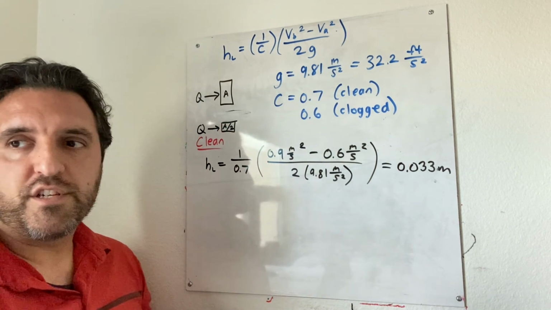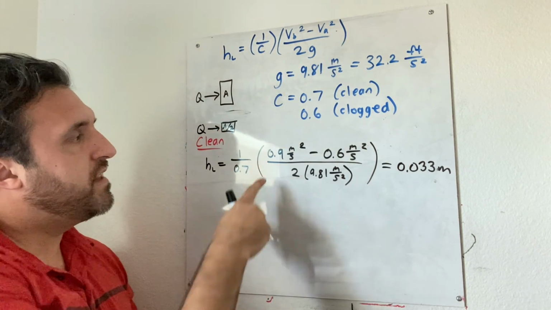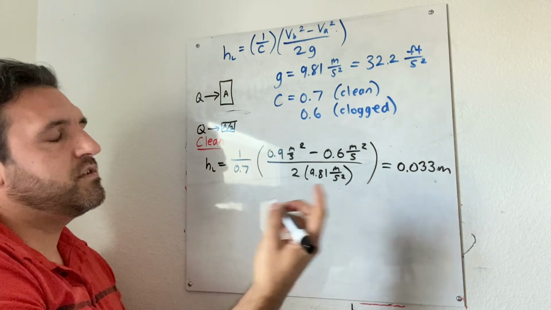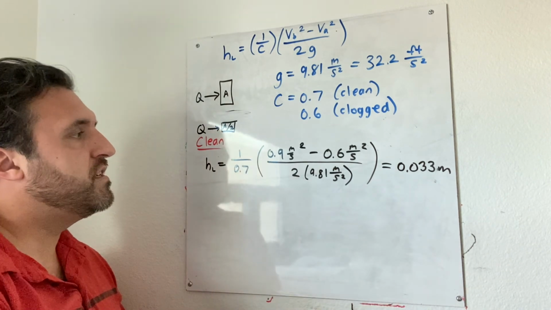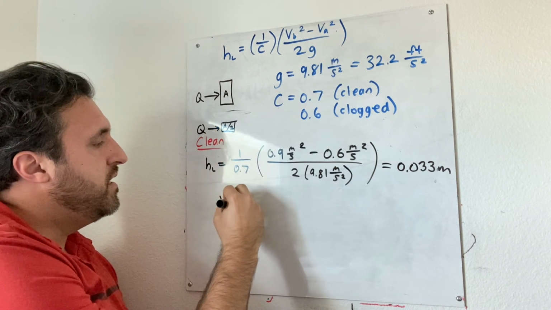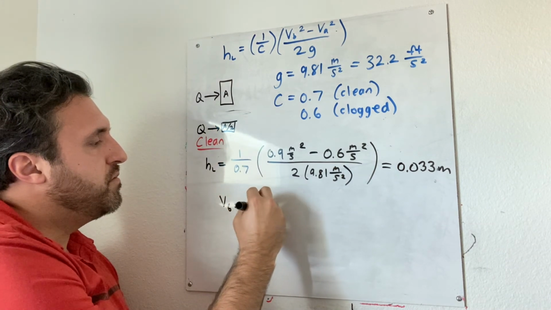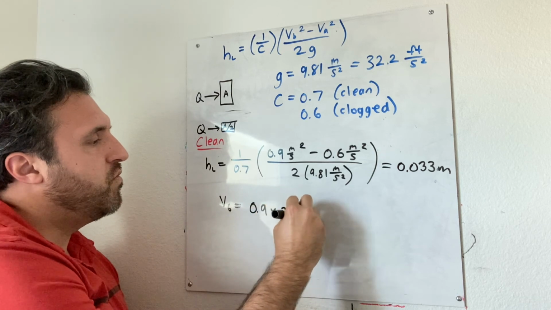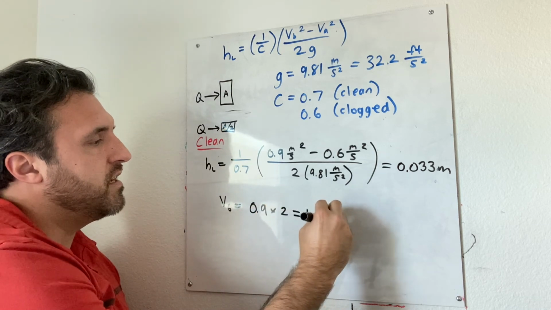All right, so that's the situation here. So instead of an approach velocity of 0.9, or sorry, instead of a velocity through the screen of 0.9, now our velocity v sub b is going to be equal to 0.9 times 2, or 1.8 meters per second.